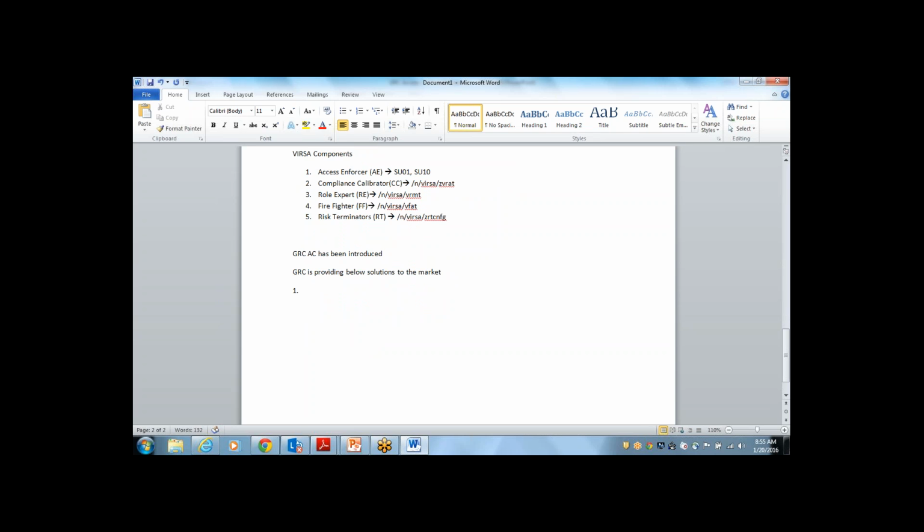The basic important solution in GRC is access control, and we have GRC Access Control versions: GRC AC 5.0, 5.1, 5.2, and 5.3. Okay, so after this 5.3, the scene is again different. I'll tell you that also.